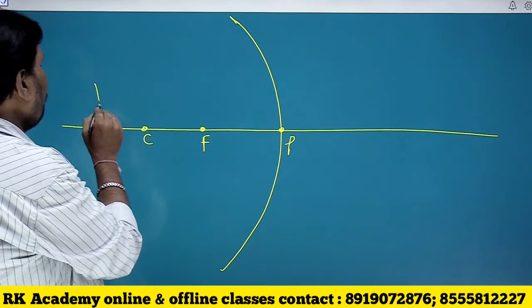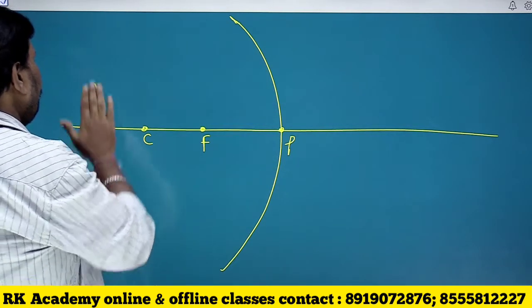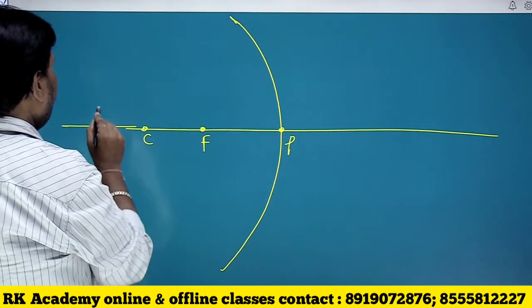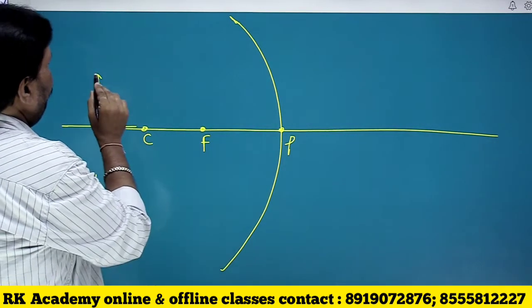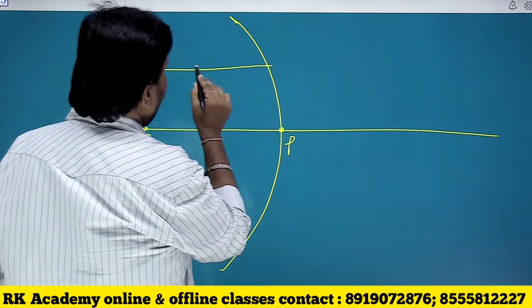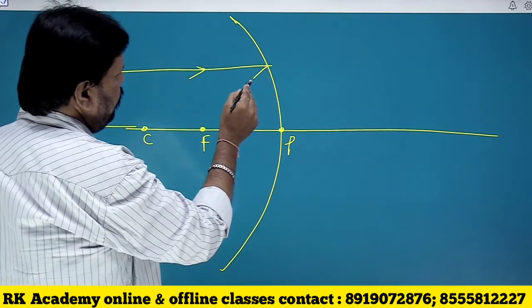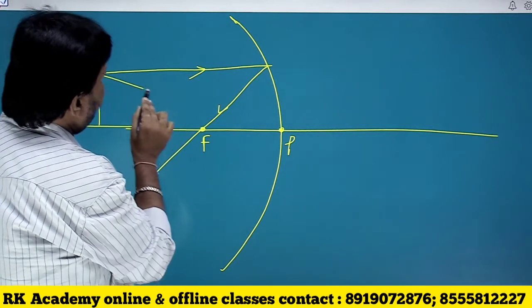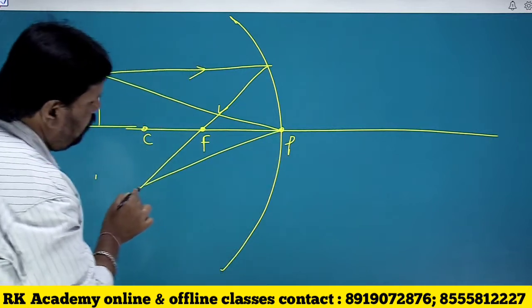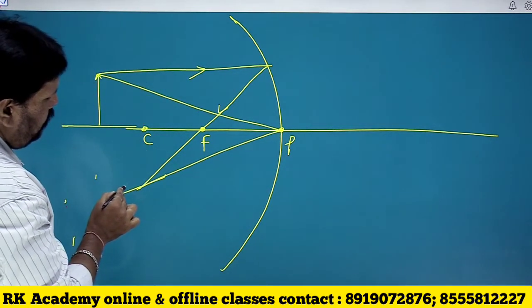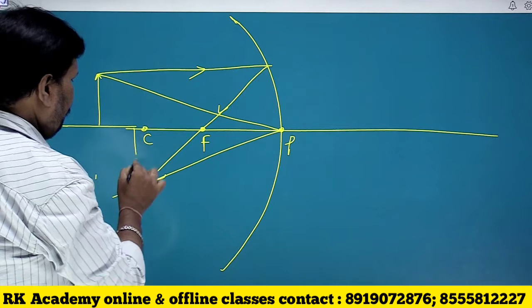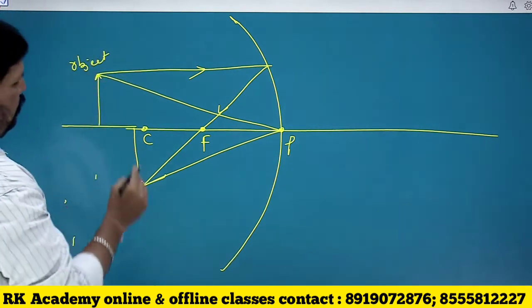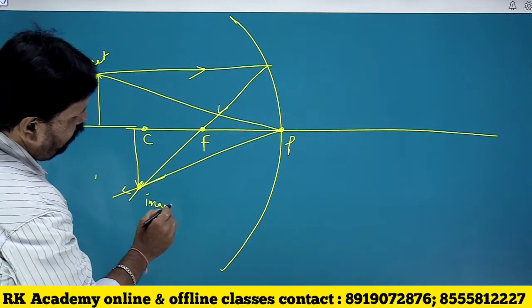If I have kept an object here, a light ray passes from the object and will be reflected, and here the image is formed. This is object and this is image.